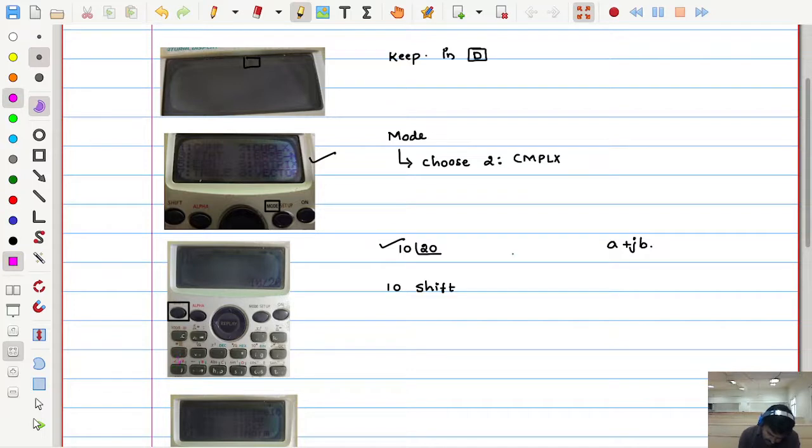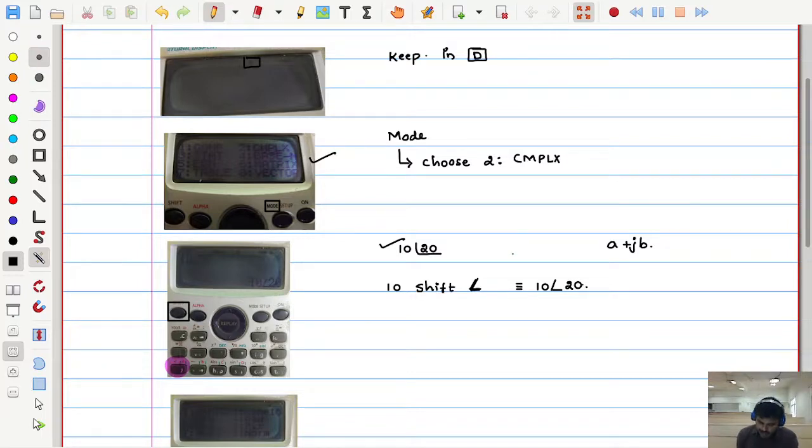See here, the angle symbol is there. You press this corresponding button: shift, then the angle symbol. As a result, on the calculator I'll get 10 at an angle. After that you simply enter 20.